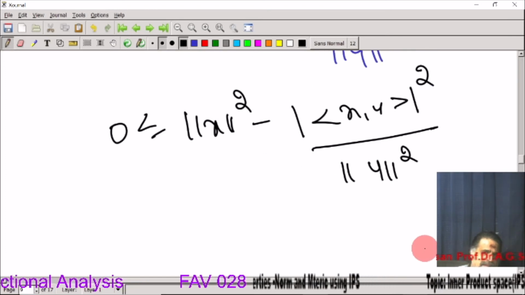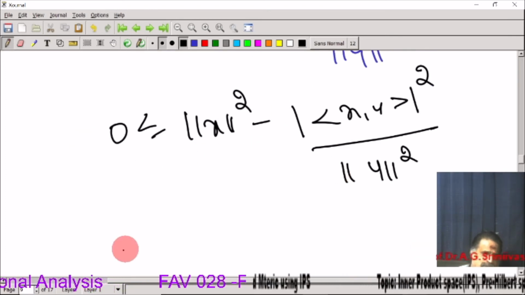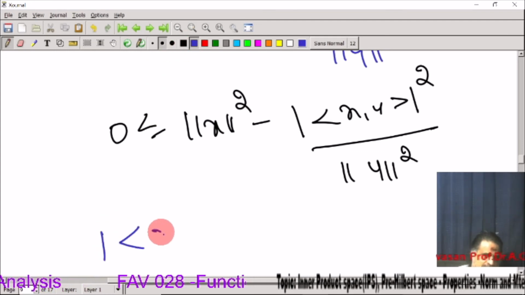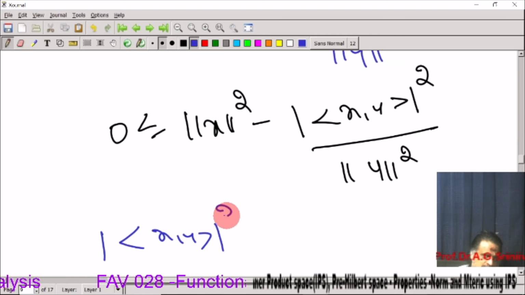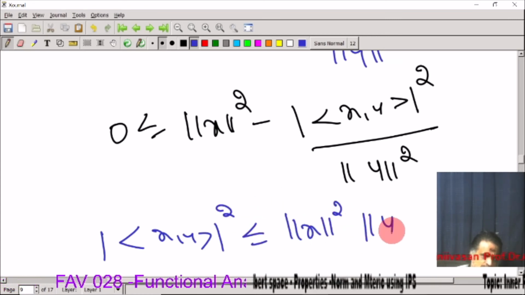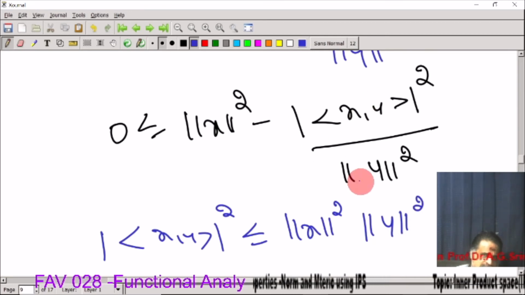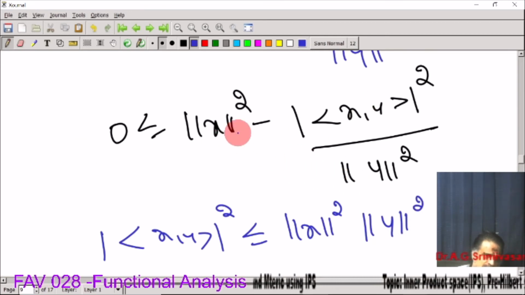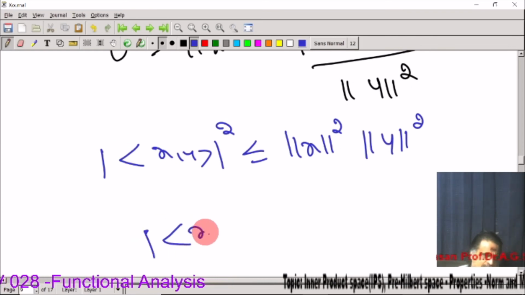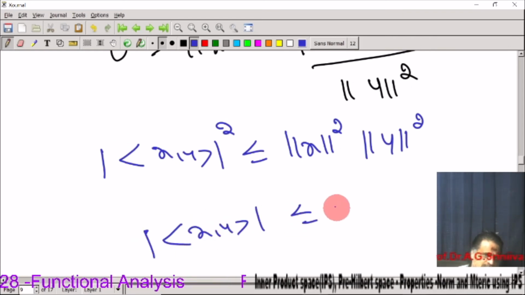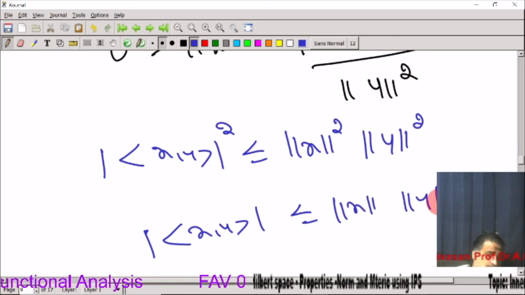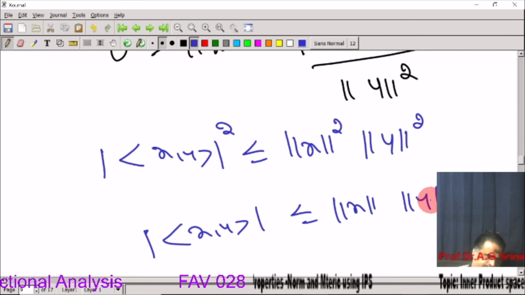If you bring all these terms to one side, you will get modulus inner product xy square is less than or equal to norm x square into norm y square. Take the positive square root: modulus inner product xy is less than or equal to norm x into norm y. So we proved the Schwarz inequality.